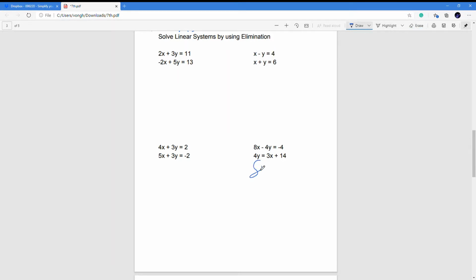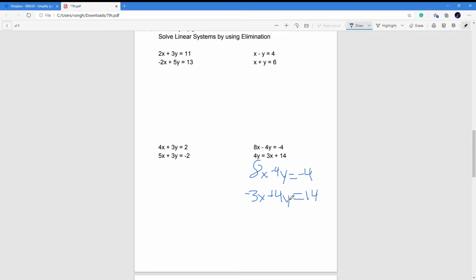We can rearrange just one of the equations. Let's rearrange this one by subtracting the 3x and putting it onto this side. So then we get negative 3x plus 4y equals 14.